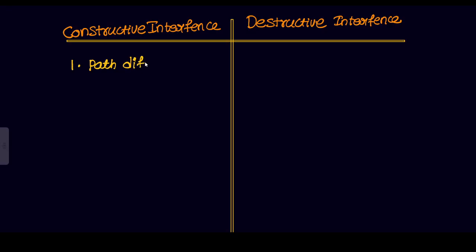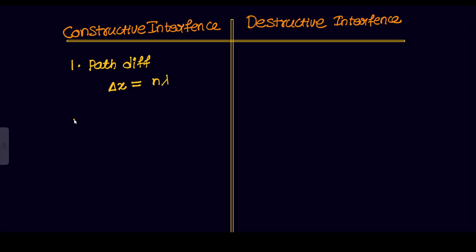Path difference is delta x, which will be equal to n lambda. For constructive interference, path difference is n lambda.